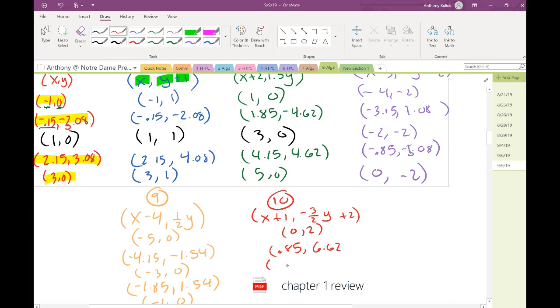And then 2, 2, and then 3.15, and that would be a negative 4.62. So negative 2.62. And lastly, we have 4, 2.